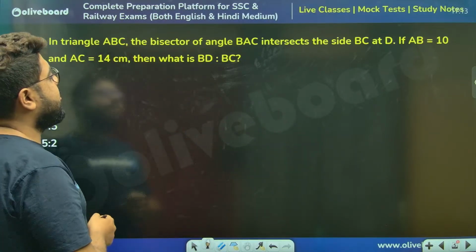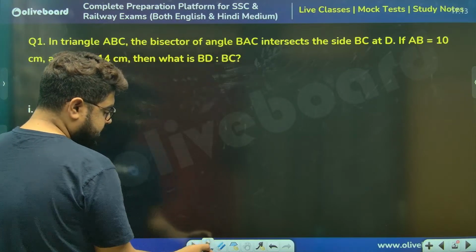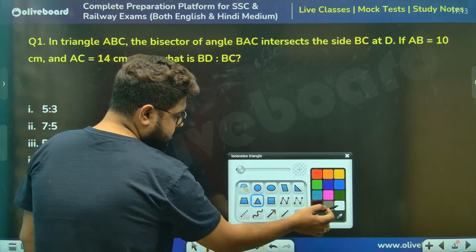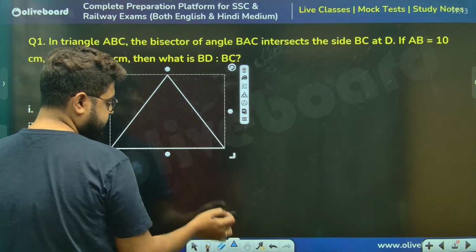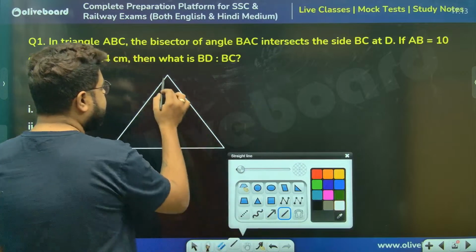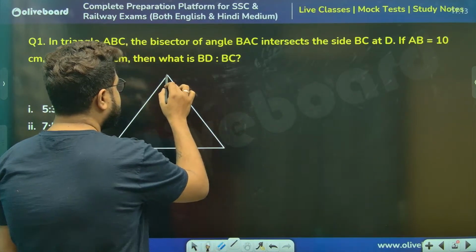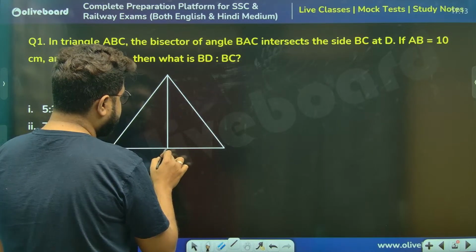Triangle ABC, the bisector of angle BAC intersects BC at D. Let us see. If I take a triangle like this one, I am taking the angle bisector of this.